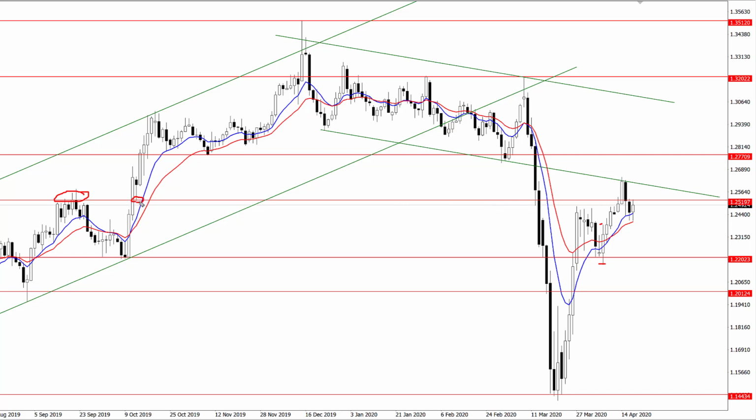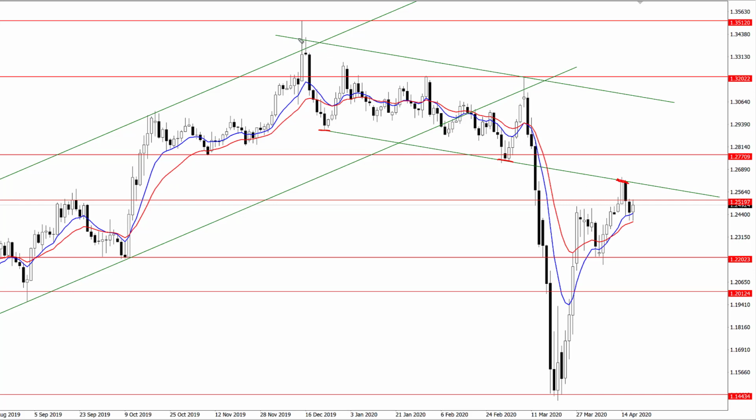We can see the rejection right there, and then price broke this region, and then we had another daily close back into this medium right here. Here we have our dynamic support trend line, which rejected this price action, whereby we have the price getting back into this medium.